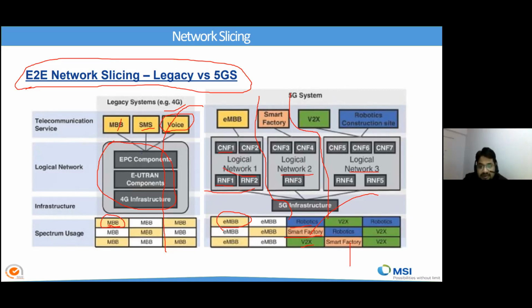So the physical network is shared by these different logical networks, and these logical networks are once again based on a cloud native form, right? And cloud native means that all the network functions, whether it's CU, DU, or RU, are defined on virtual machines.